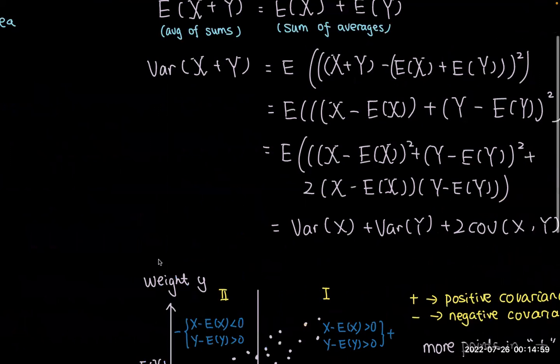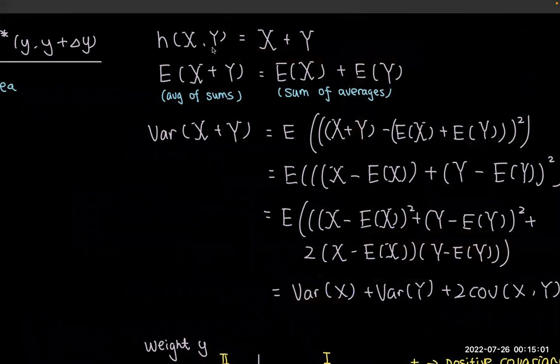Okay, and this gives us the foundation to study a special case, that is h of x, y being just x plus y. This special case enables us to analyze the expectation and the variance of this I hat, because I hat is the summation divided by the sample size, small n, right? Here we study the statistical property of x plus y.